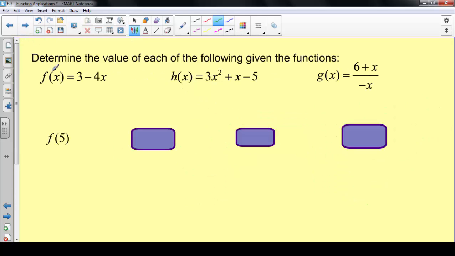So now we're going to determine the value of these functions given the values that we're going to look at. Notice this one says f of 5, so we have to come up here and see which one is f of x. So this is the function we're going to be using. Once again, wherever we saw the x up here, we change that to a 5, so that means this x is also going to change to a 5.